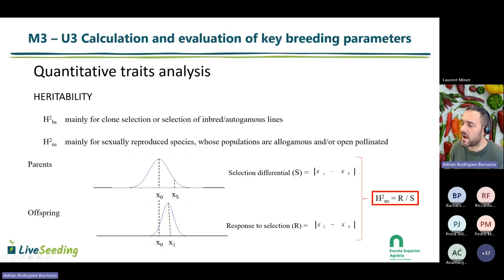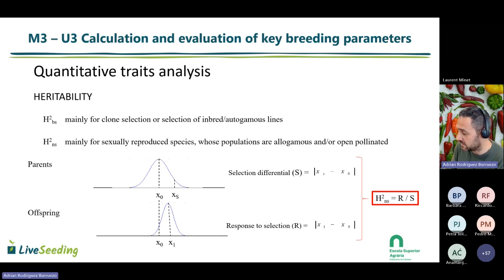Okay, here you have a short explanation for that. Broad sense heritability is mainly used when you are working in terms of clone selection or performing selection among highly inbred or autogamous lines.